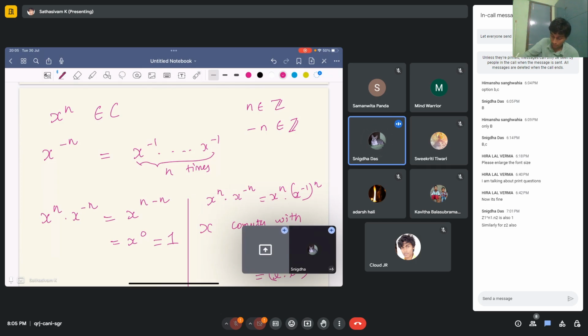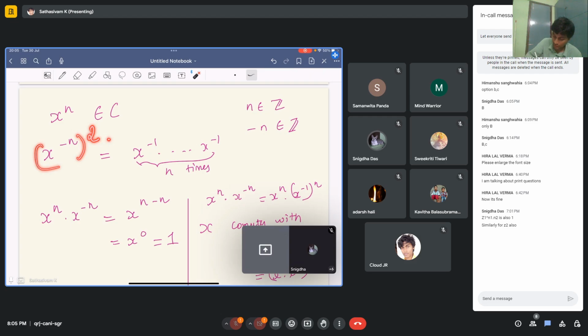Yes, it is unique. Inverse is always unique because of the cancellation law.